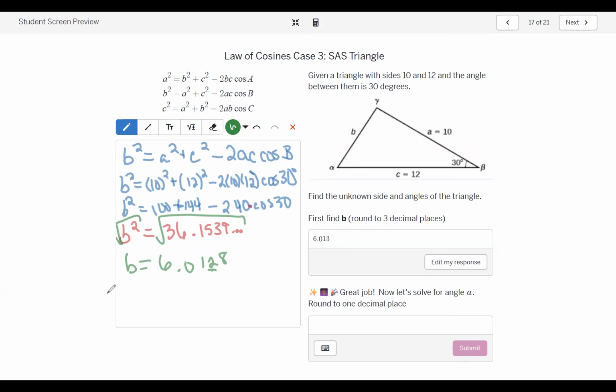So if we're looking for angle A, I'll have the sine of A over side A equals, and now I have to use the B's, so the sine of B over B. So side A was 10, and then angle B was 30, and side B was 6.013.